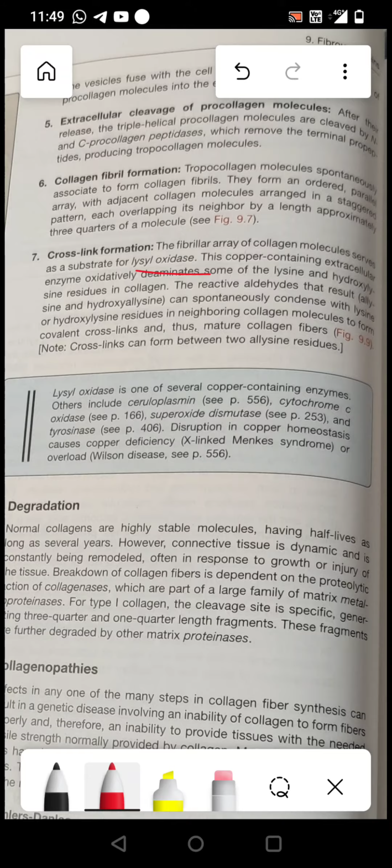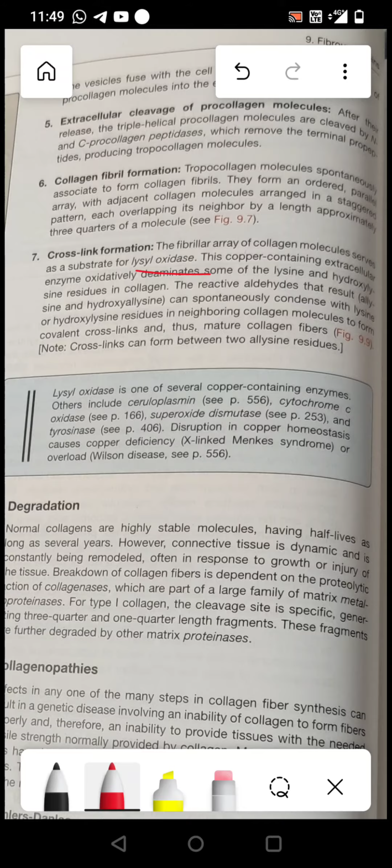That cross-linking is very important for integrity. For example, the eye has a very important part called the cornea. The cornea consists of collagen. We said that already. Type 3, type 4 collagen is also present, as well as sometimes type 8.